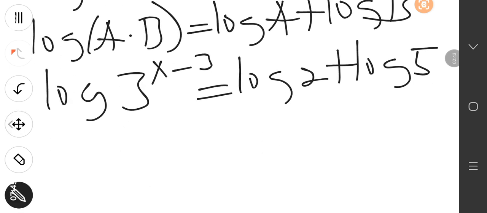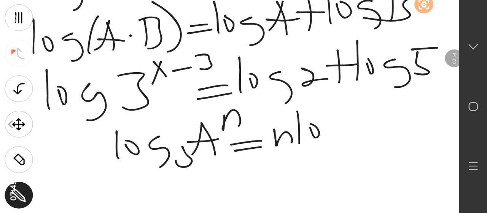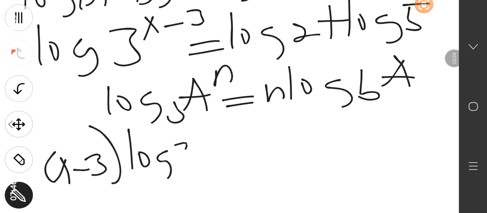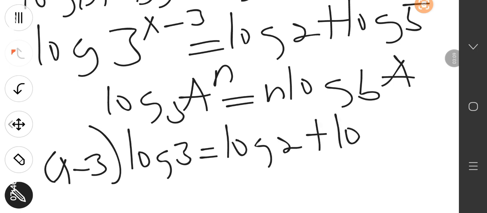Alright, now let's apply the logarithm definition here. Okay, so you're going to have log a^n base b equals n log a base b. Alright, so our equation becomes (x-3) times log 3 equals log 2 plus log 5.